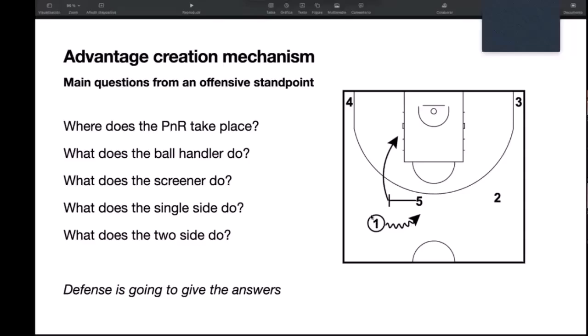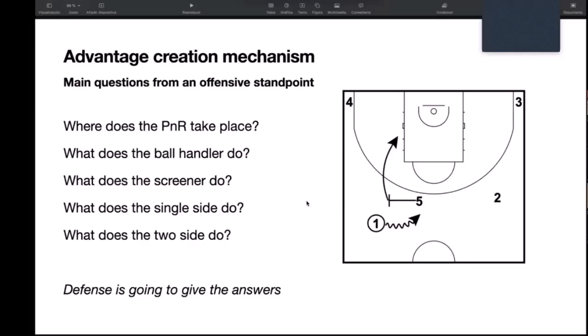It can be more to the sideline or more to the elbow. If the ball screen is more to the top, then I won't consider it a spread ball screen anymore. I would talk about the single tag situation. So here, the first decision we must make as the offense is against certain coverages, where we want to put this spread ball screen.